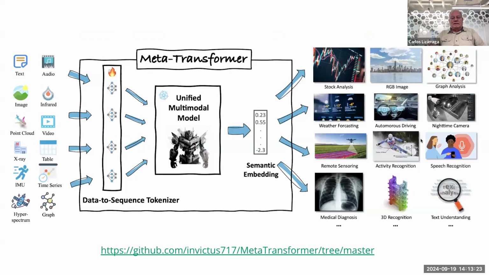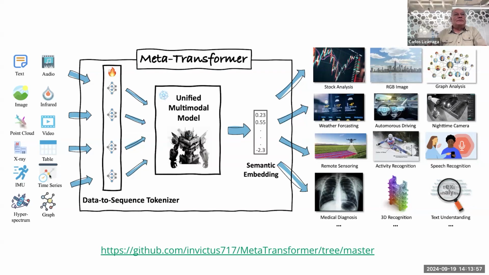Now, the ideal is to have some type of transformer where we can have all these different types of inputs. It can be text, an audio segment, an image, an infrared image from some sensor, a point cloud coming out from LiDAR, for example, a video, an X-ray, a table, or motion data from sensors.